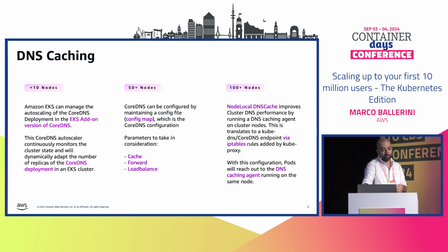When it starts to get a bit bigger, so 50 nodes, again, everything should work pretty much out of the box. Maybe you scale CoreDNS, but if your application is DNS optimized, everything should be okay. However, it's probably a good opportunity to look at the actual CoreDNS configuration. There is a ConfigMap you can change, and there is a ton of documentation for it, but you can look at some interesting parameters. For example, cache, which is a bit self-explanatory.